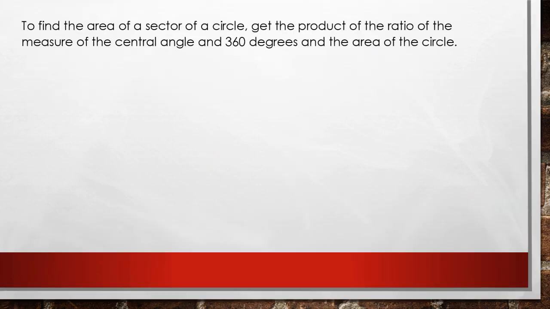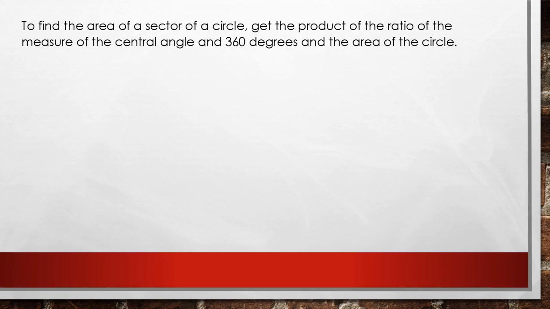So, to find the area of a sector of a circle, get the product of the ratio of the central angle and 360 degrees and the area of the circle. Yan. So, tandaan ninyo ha. Pag sinabi natin sector, we just refer to just part of the circle, not the entire circle.